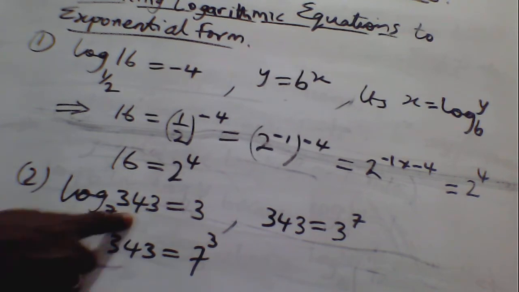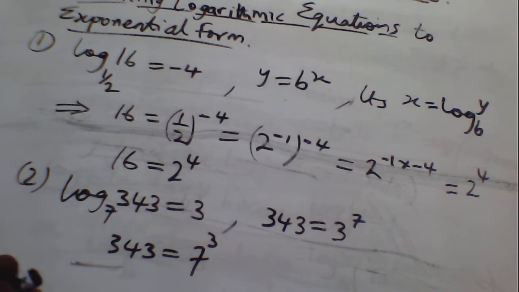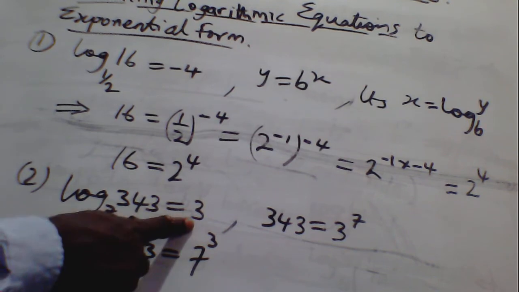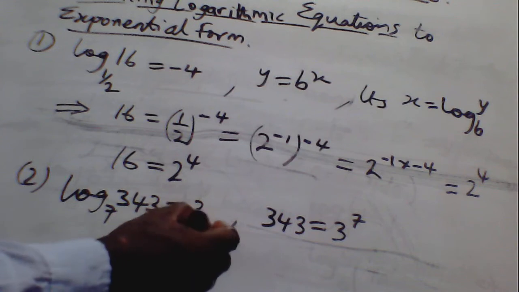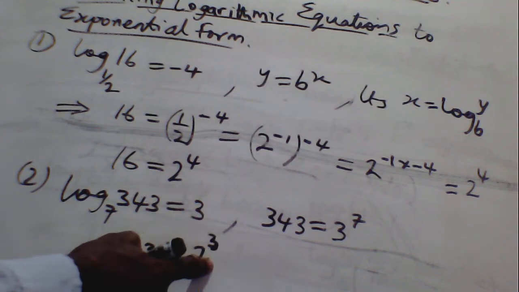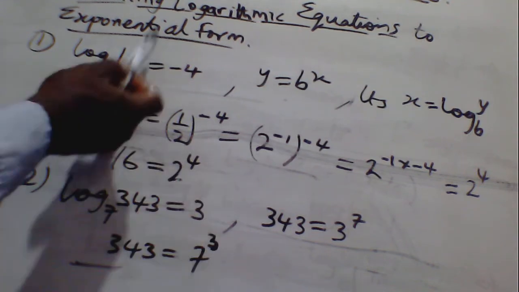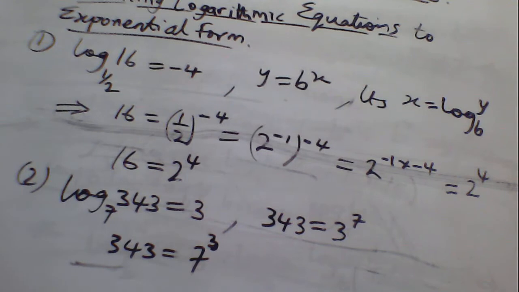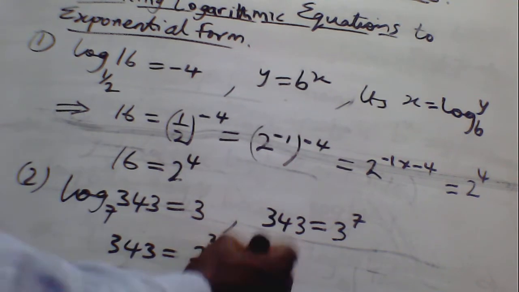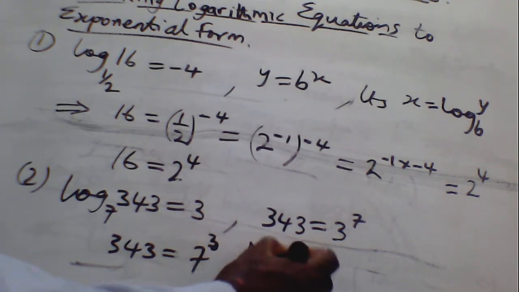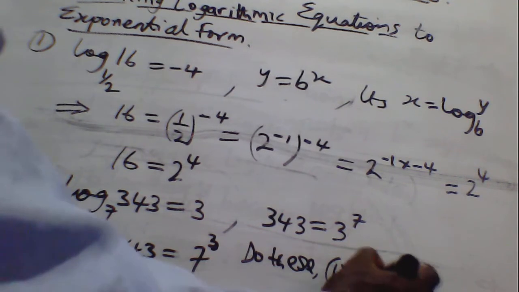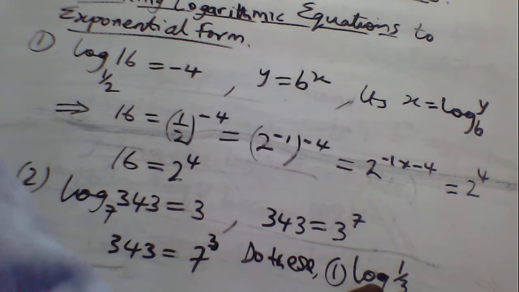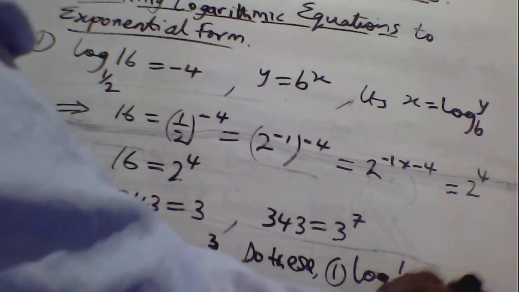Or you simplify this, but there is no need, just raise it to the power in this form. In this case, this is in exponential form. This is called exponential form. Alright, do this one: log of 1 over 3 to base 3 is equal to minus 1.